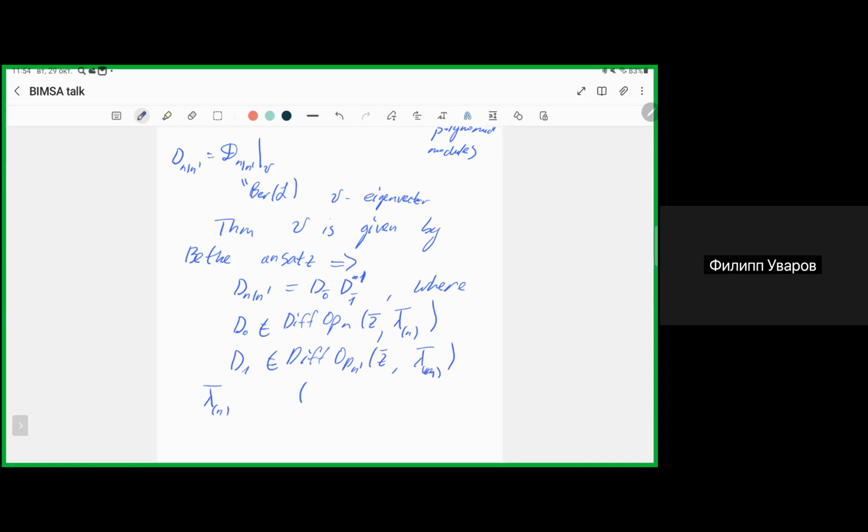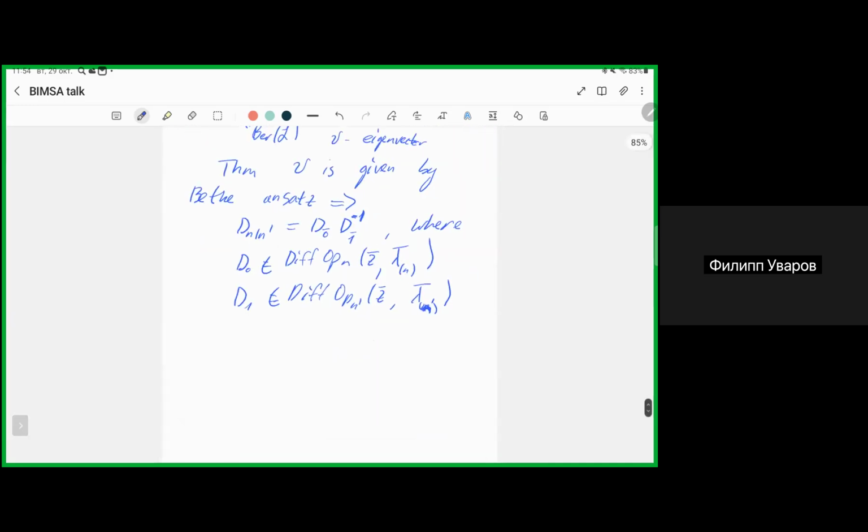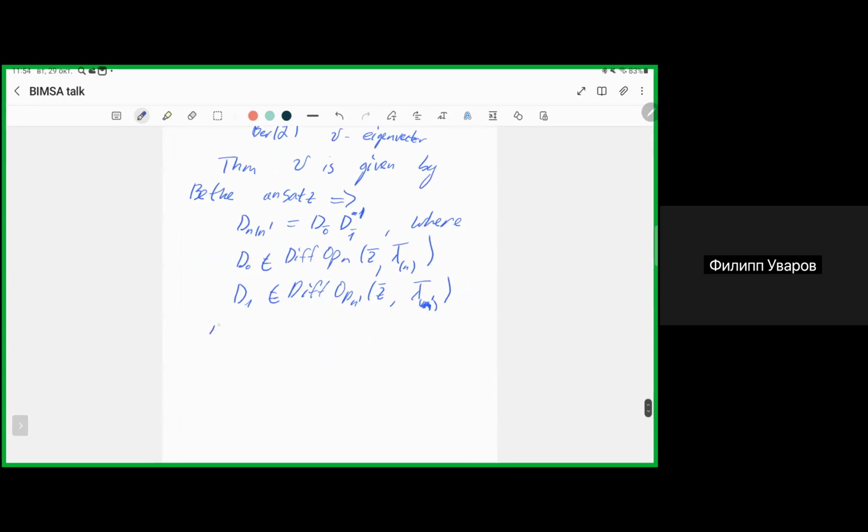Yes. This is n prime. Right. So actually, what I'm doing, I'm lost in my notation, but long story short is that I have this lambda A, right? It is what is given at around point ZA.